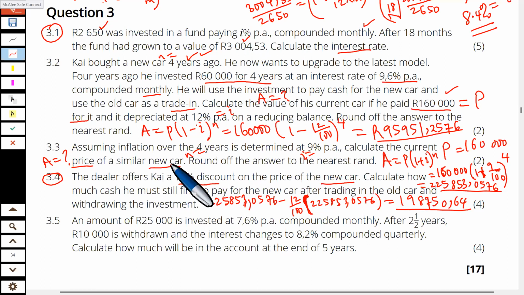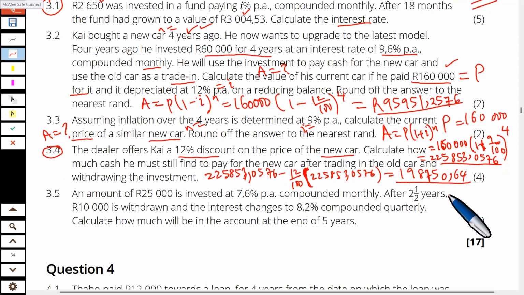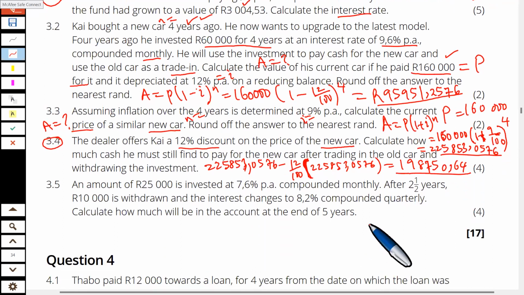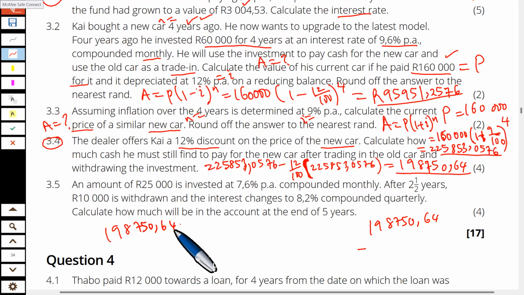So obviously now the investment. A couple of things: you need to take into account the investment. You're going to take the 198,750.64, you subtracted the 12%, and then now you also subtract what? A couple of things: the trade-in.